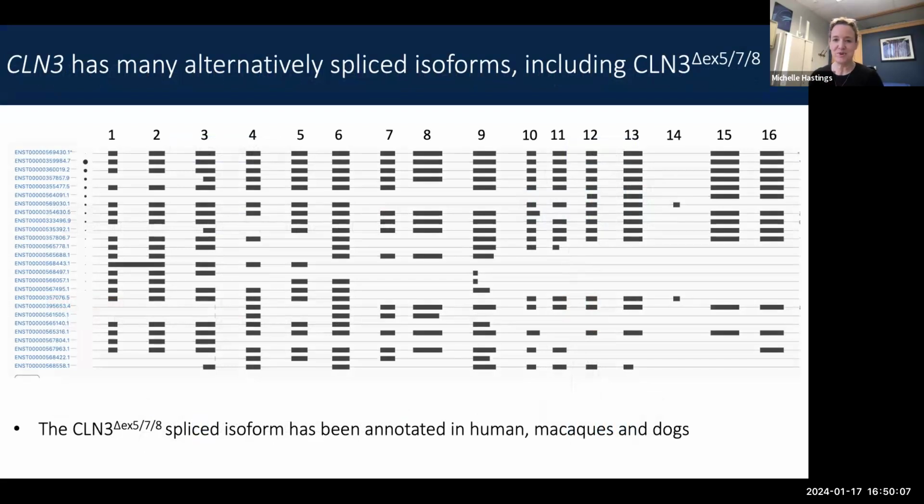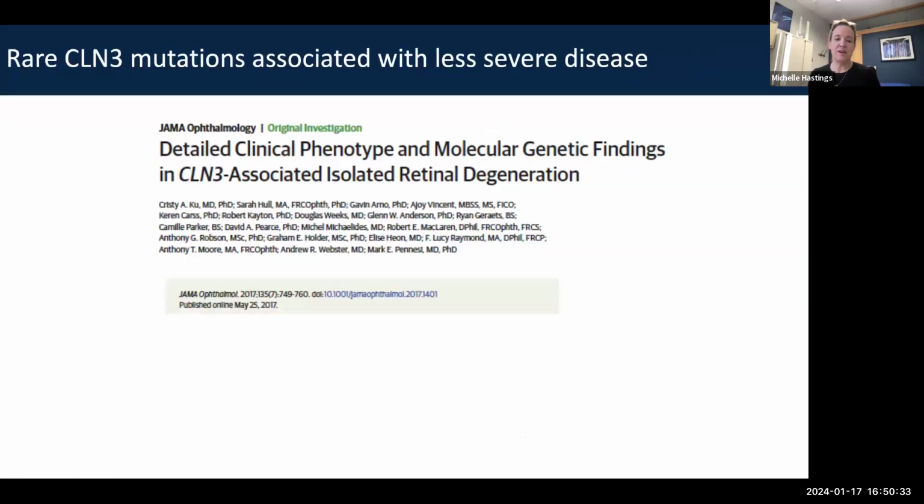The rationale for this approach was bolstered by the fact that there are a lot of spliced isoforms of CLN3. These are the cDNA isoforms identified from Ensembl. We noted that one in particular that has been annotated is missing exon 5 and exons 7 and 8. This isoform is also conserved, found in macaques and dogs as well, so it's a naturally occurring spliced isoform.